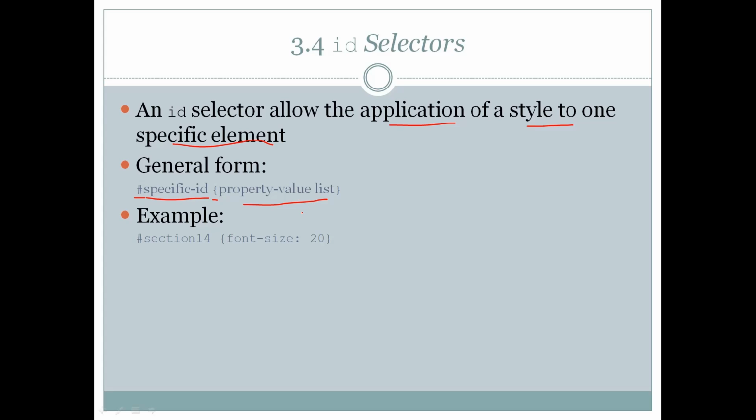Inside the brackets you can have the properties and values which you want to apply. For example, #section14 with font-size 20. So the ID is section14 which appears in the HTML document, to which we are applying font size as 20.